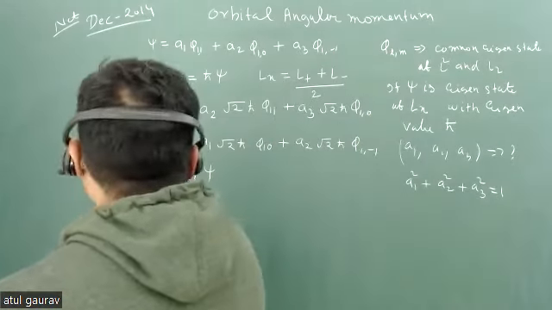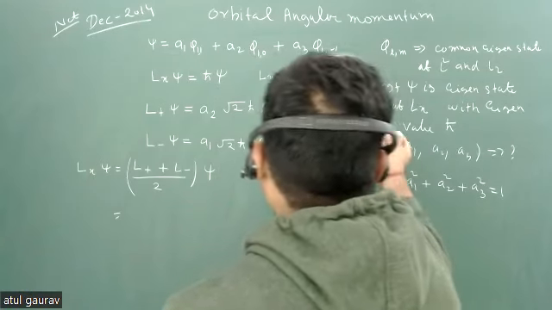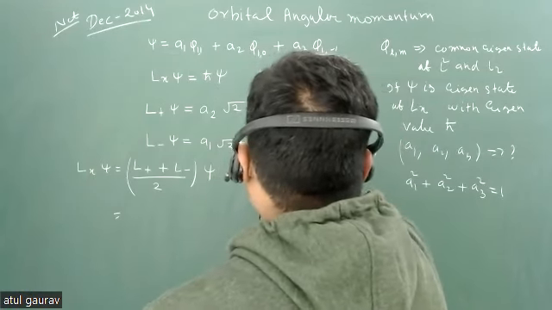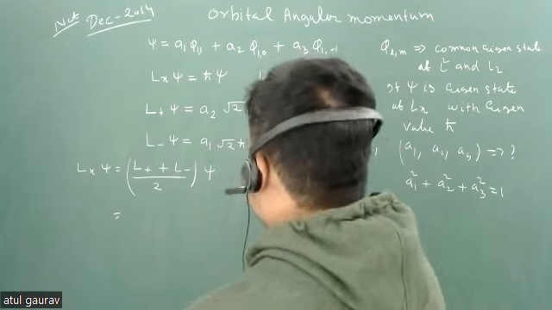So we can write this. We will just compile phi 1 1 separately, phi 1 0 separately, and phi 1 minus 1 separately.